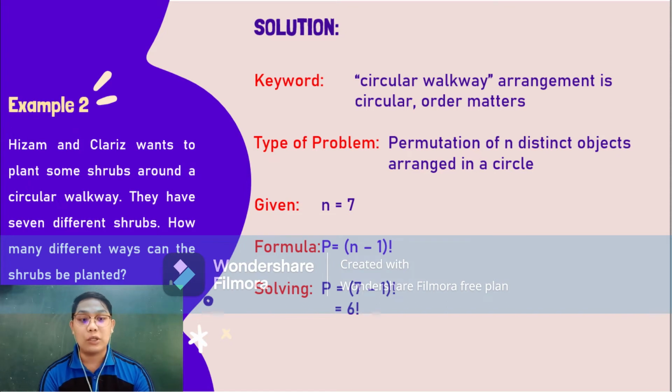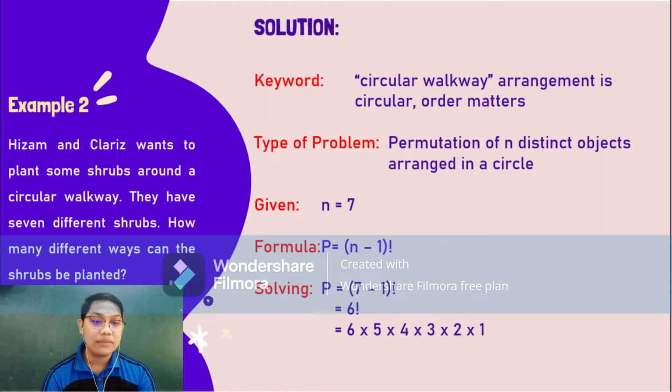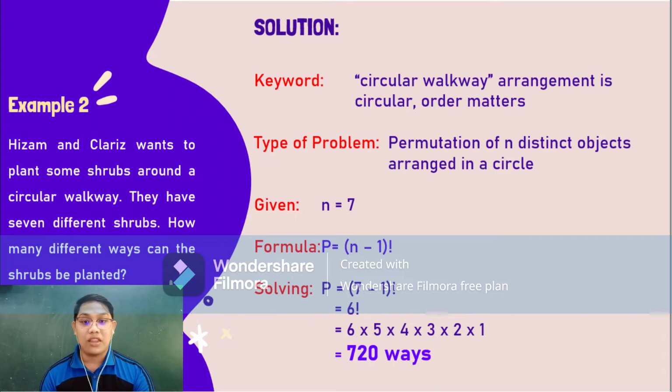So, our solution now is equal to 6 factorial. And 6 factorial is equal to 6 times 5 times 4 times 3 times 2 times 1. And if we multiply these numbers, our product will be 720. Therefore, Hizam and Clarice can arrange the 7 different shrubs in a circular walkway 720 ways.